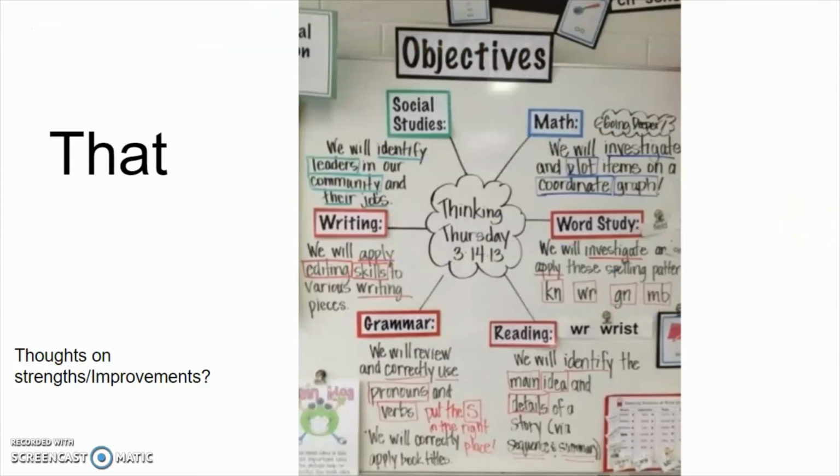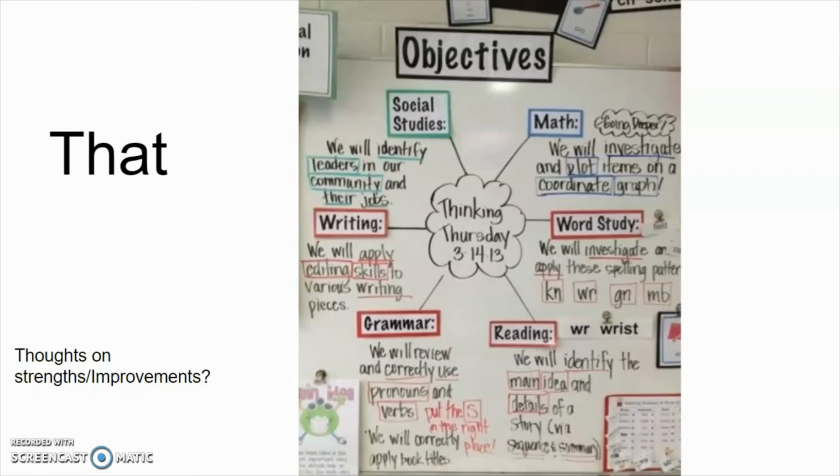So this one is showing objectives for all different subjects together, which is nice, and you see here the spelling patterns, they actually identify them. So a little bit more detail than the first one with just I can statements. They have the verbs circled in here, so that's important too.